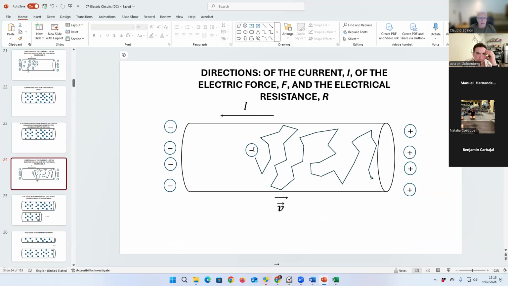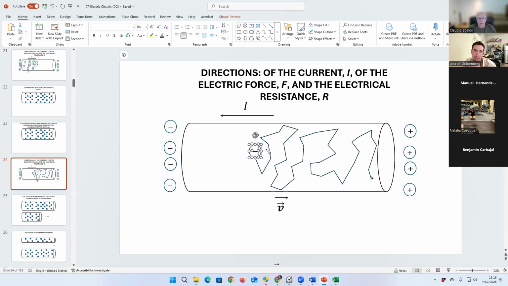The electrons, the charged particles, don't move nicely in a straight line in the wire. The way they move is in a random, zigzag fashion. It goes this way, gets bounced, moves backwards a little bit, then moves forward, and keeps moving in this zigzag fashion.